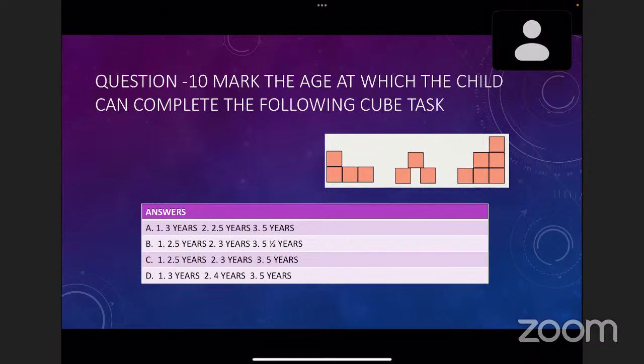Then once he has acquired the skill of how to build, he starts to do his own invention. He will not only arrange in a single row, he will start to arrange vertically, horizontally, and leaving one cube ahead, like you can build a bridge or a gate with that.